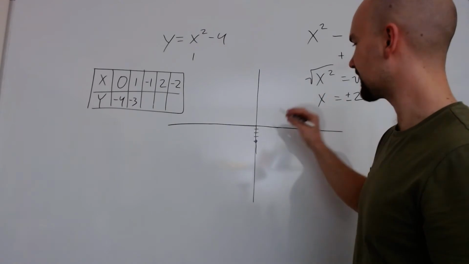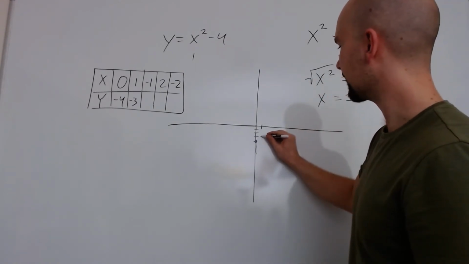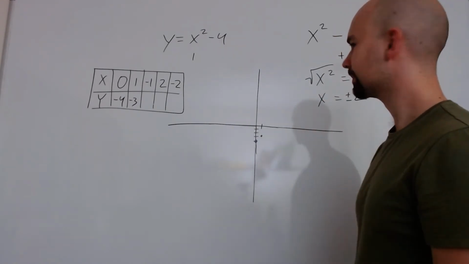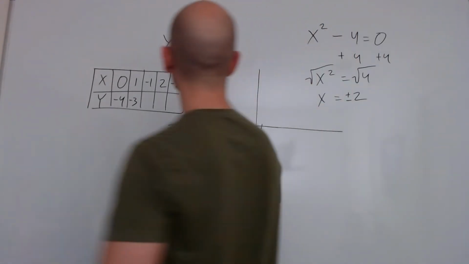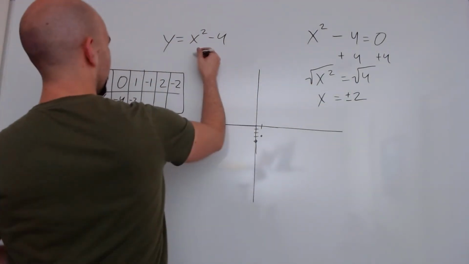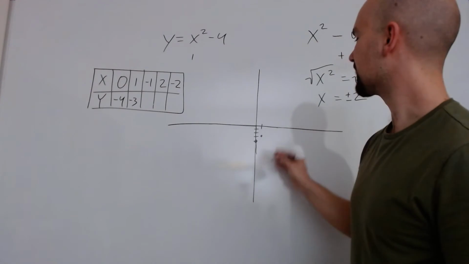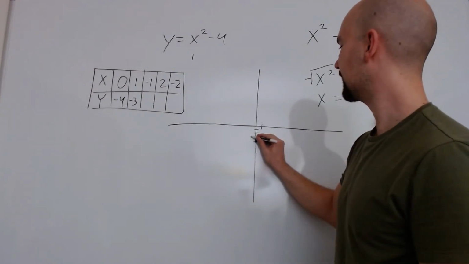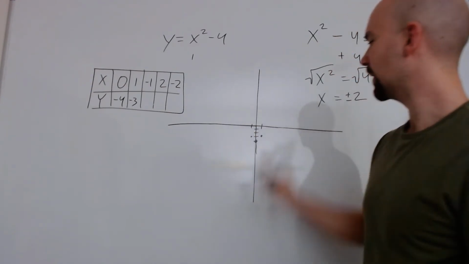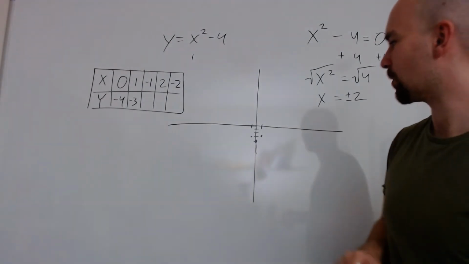So x is 1, y is negative 3. All right, x is negative 1. What's negative 1 squared? That's positive 1. Minus 4. So y is still negative 3. Mirror image. We found the center of our parabola.